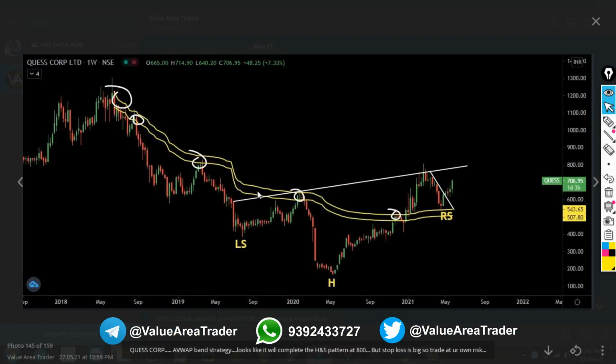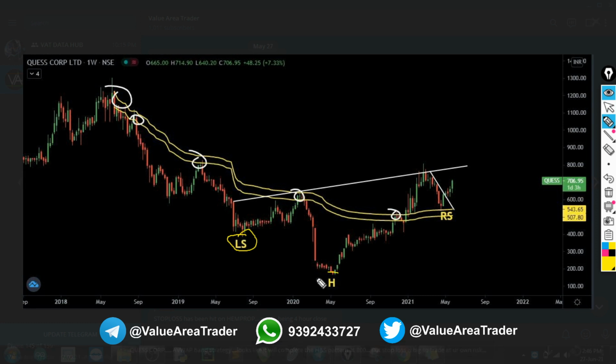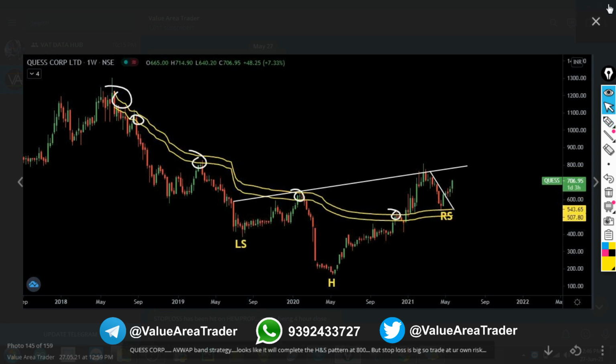You can see I have mentioned LS, H, and RS here. This is nothing but the left shoulder, the head, and the right shoulder. I did mix it with my other strategy, the anchored VWAP band. It worked very well for me, and I hope you did take a position here.